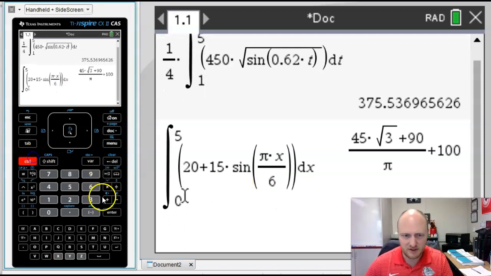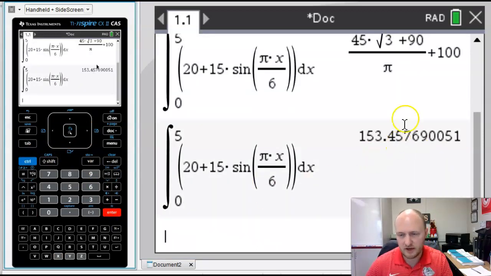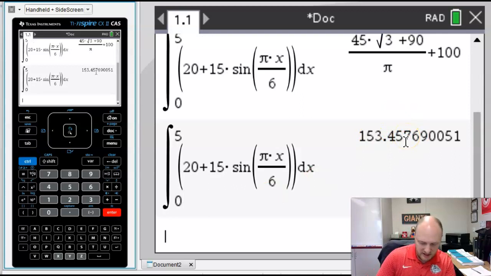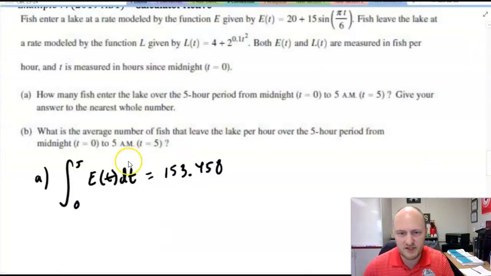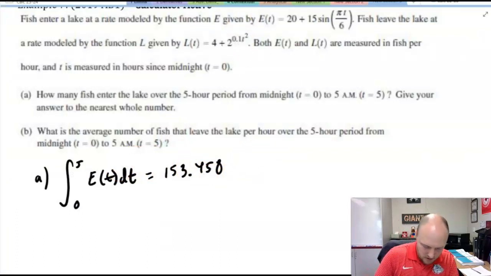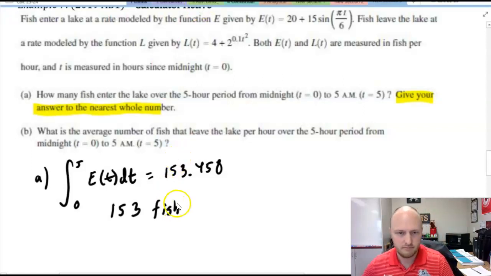Gives me a fraction. Let's see if control enter will hand me out. Okay, so this is 153.458. So this is my answer with 3 decimal places. Now, note they say here, round to the nearest whole number. Give your answer to the nearest whole number. So I'm going to write right below it 153 fish. That's how many fish are entering the lake.